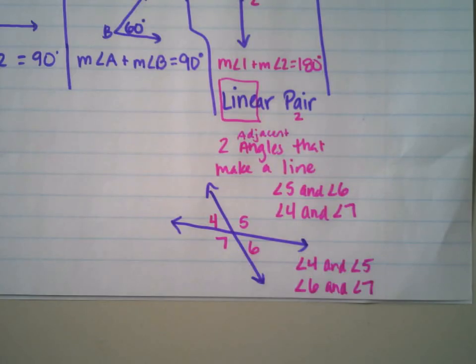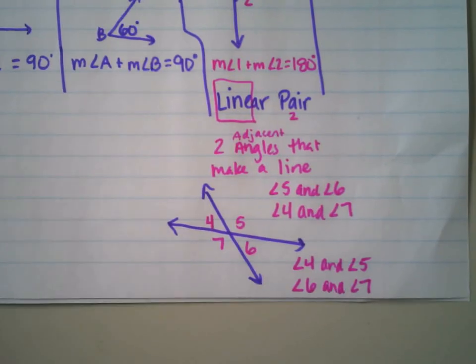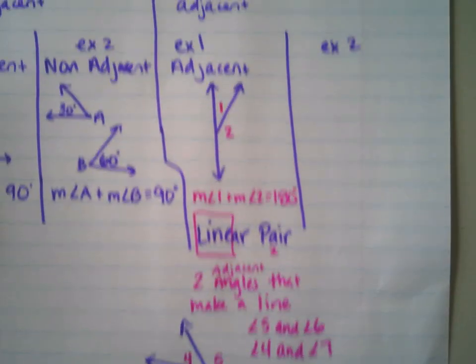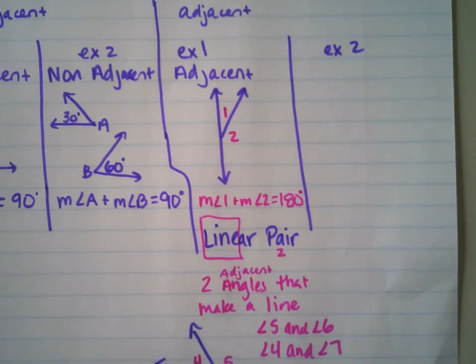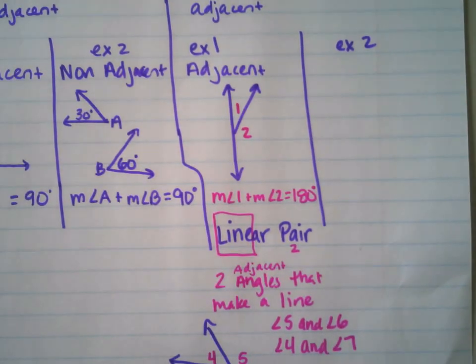What questions do we have? Anything about the notation or vocabulary so far? Okay, we have one more example to write and then we're going to go to our books. All right, so for example number 2, I want you to draw supplementary angles that are not adjacent. Okay, I want you to come up with an example, supplementary angles that are not adjacent.